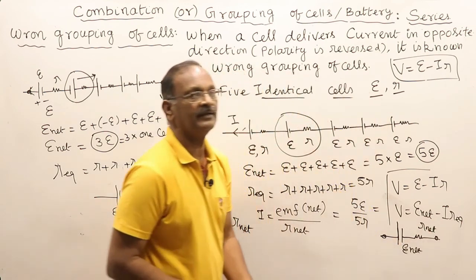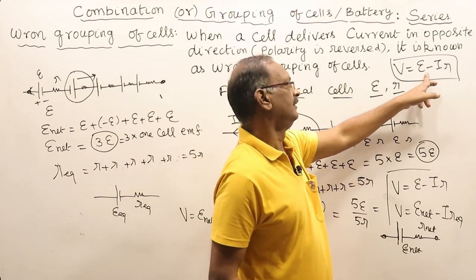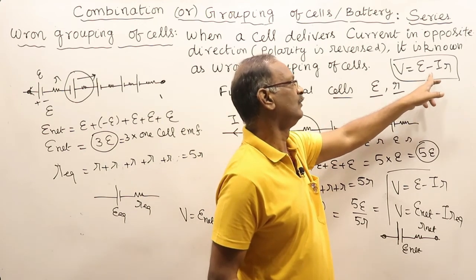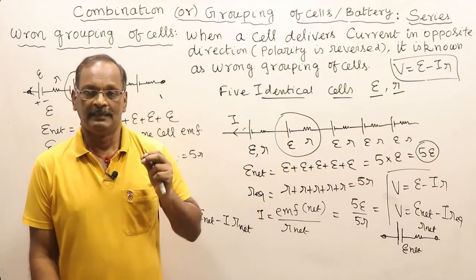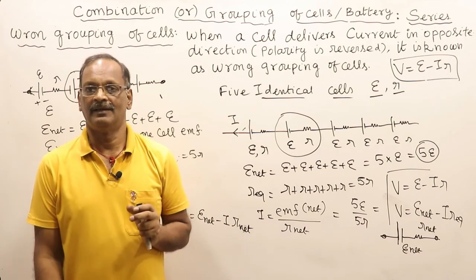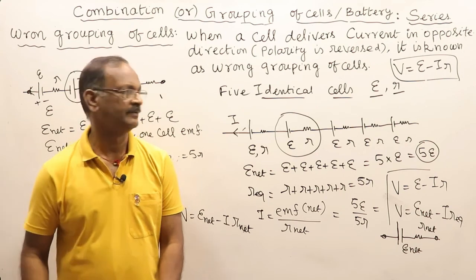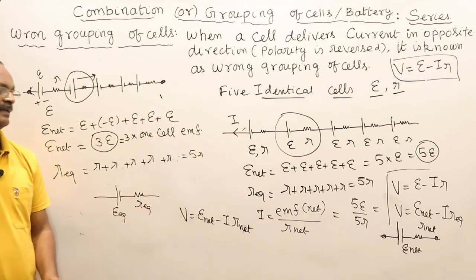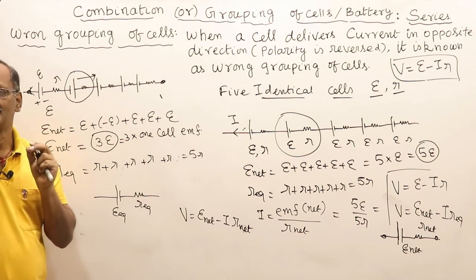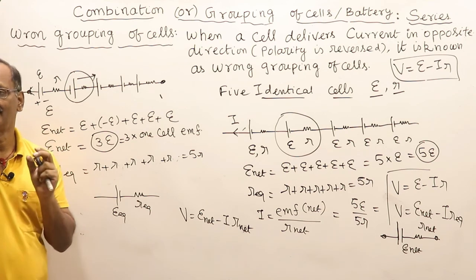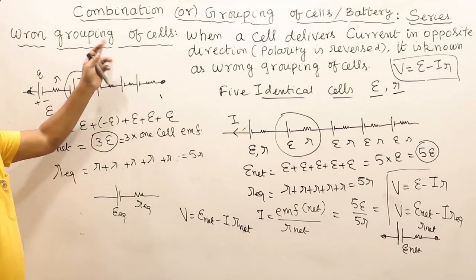The general expression is the same, but instead of the EMF of a single cell, the equivalent comes, and R equivalent comes, where small r is the internal resistance of the cell. So in general conclusion, in wrong grouping the net EMF of the circuit is reduced, but the equivalent internal resistance is additive and remains the same irrespective of proper or wrong grouping of cells.